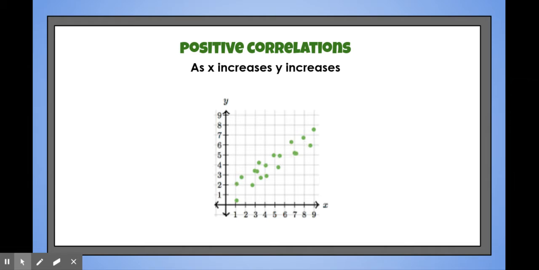Another way to describe it is if we could draw a line in the direction of where the points are going, like so, we could see that that line is also increasing. Similar to a slope, we read it left to right, and from left to right, that line is increasing, so we have a positive correlation.